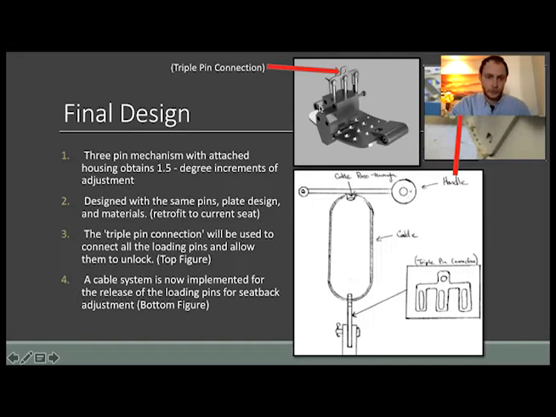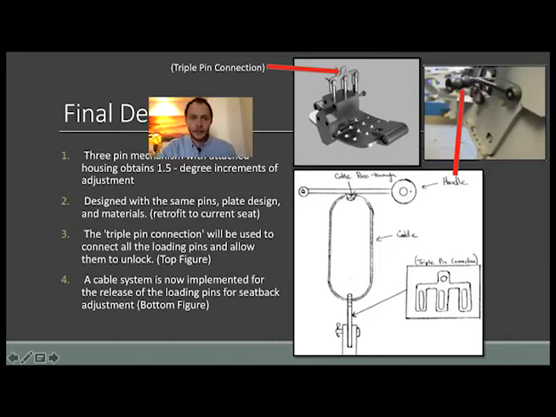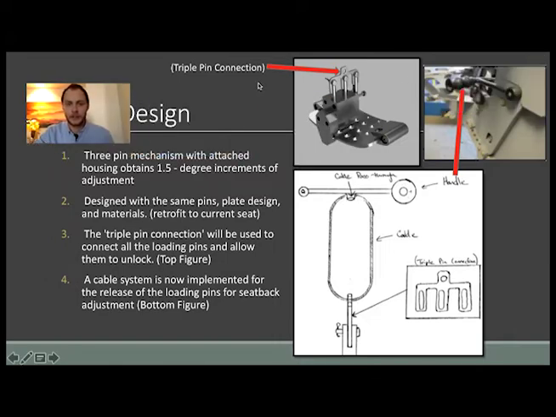All right, so when we got to the final design, like Brad stated, the 1.5 degree increments of freedom was the most important. So our final design is the top left figure here with the triple pin connection up here. We've got our pin housing, the side clip, and we've also got our plate here that has the 3 rows of holes that we designed for.